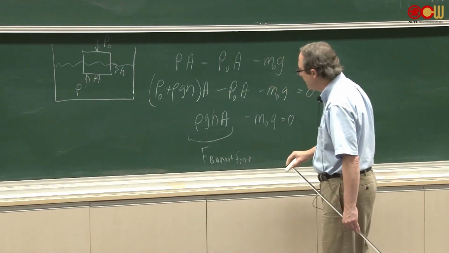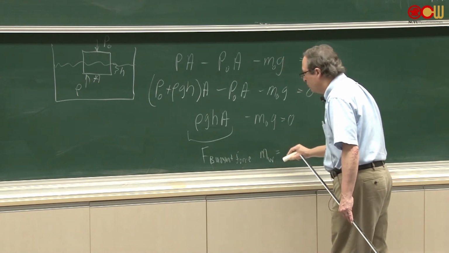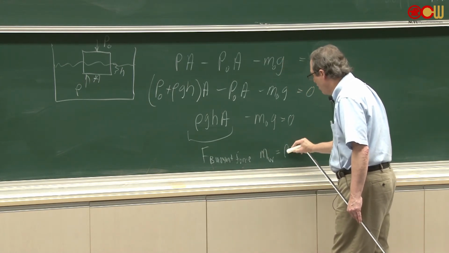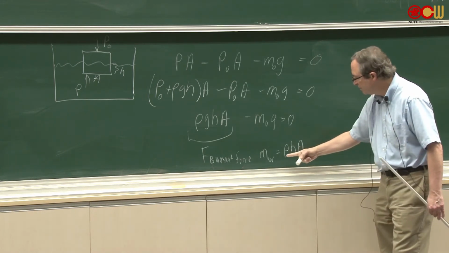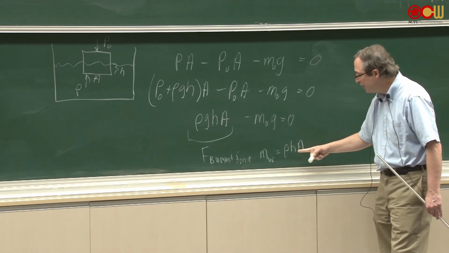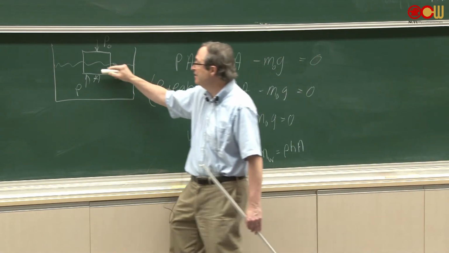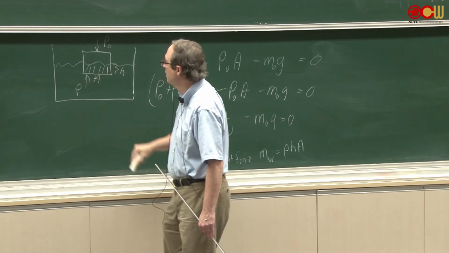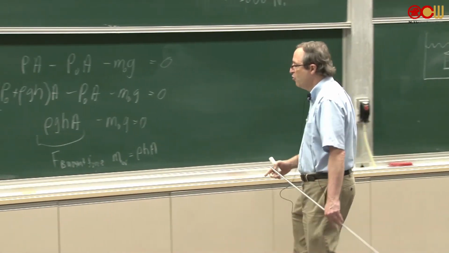And notice again, it's the mass of the water displaced, equal to rho h A, the volume not of the object, but of the water displaced. It's only this amount of volume that goes into the buoyant force. So that's very important.